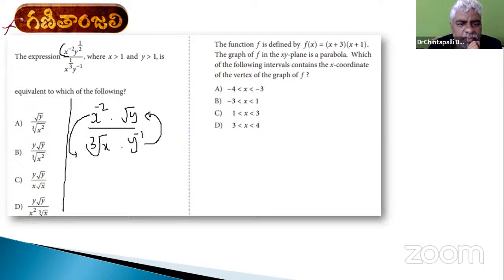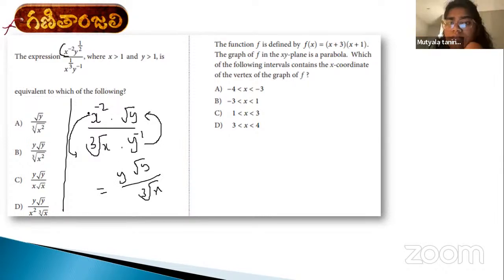So y power minus 1 means y. y root y whole by cube root x is already there. x power minus 2 means x square. That's the answer. So option D, sir. Option D.